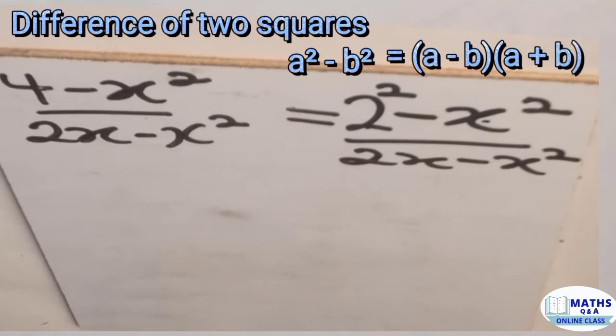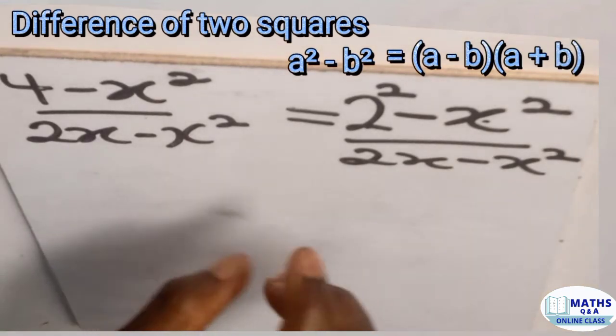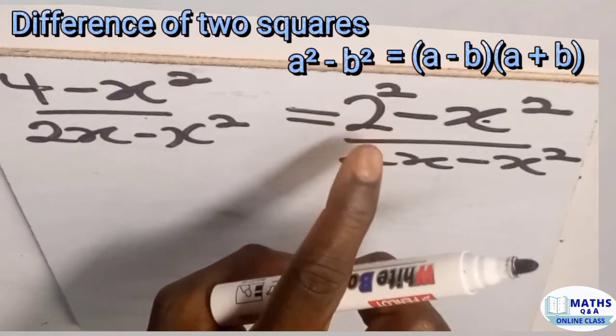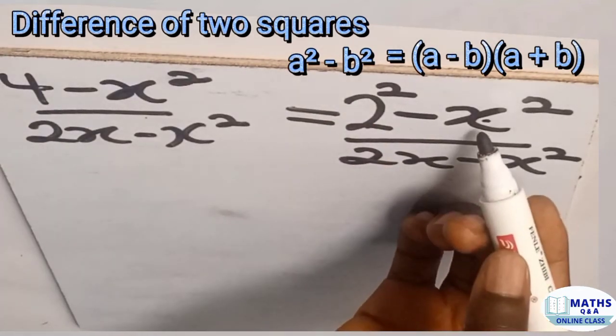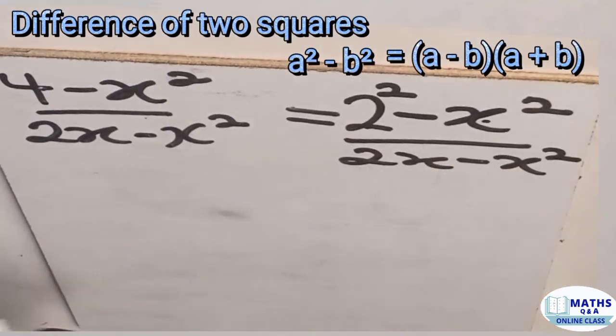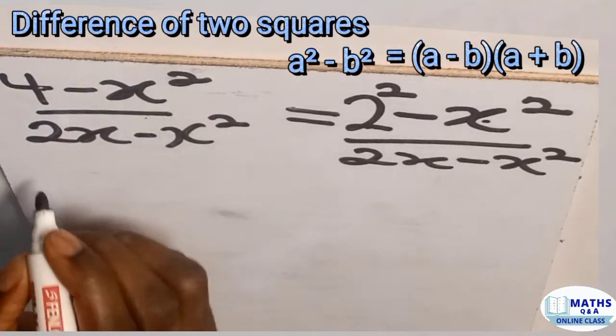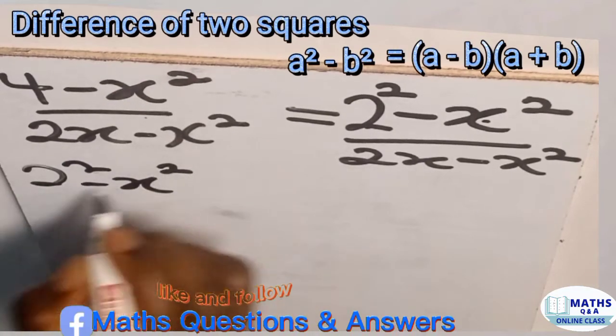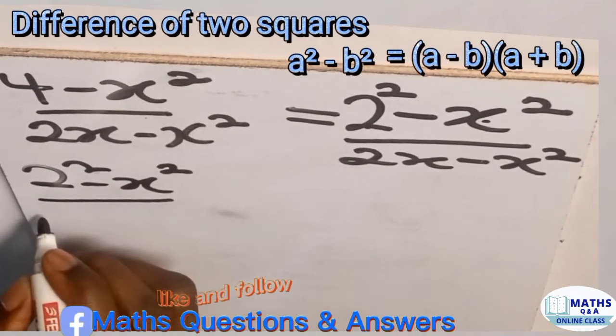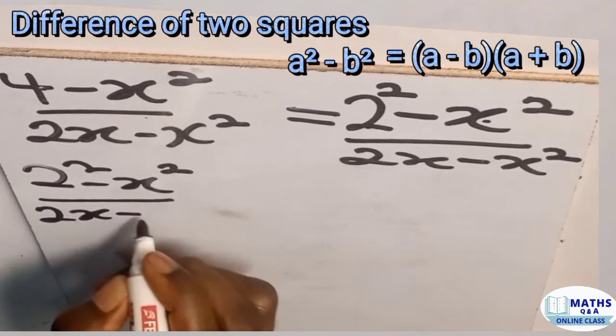So in this case, we are going to represent the a by 2, and then we will replace the b by x. Okay, good. So we have 2 squared minus x squared, divided by 2x minus x squared.